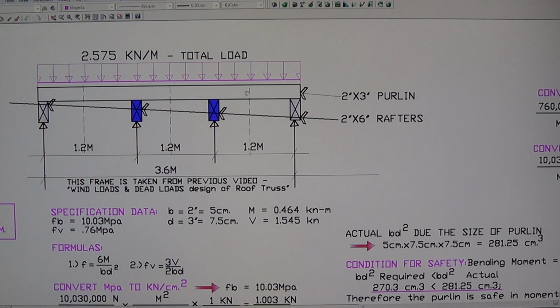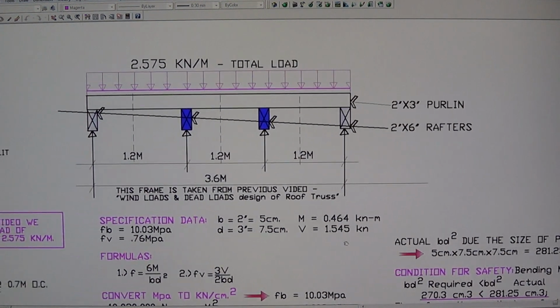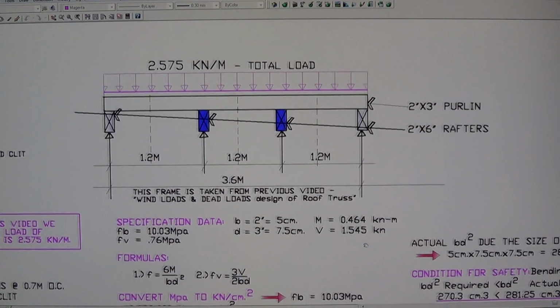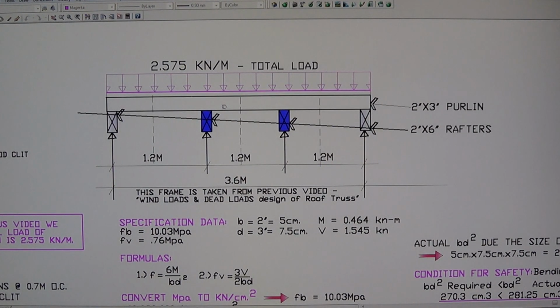This purlin here is safe to carry the calculated load that we have calculated, the moment value of 4.64 and the shear of 1.545. Alright, so that's the end of the design of the purlin.